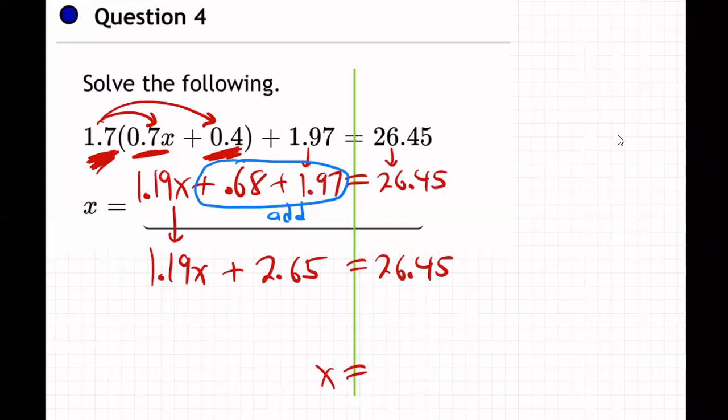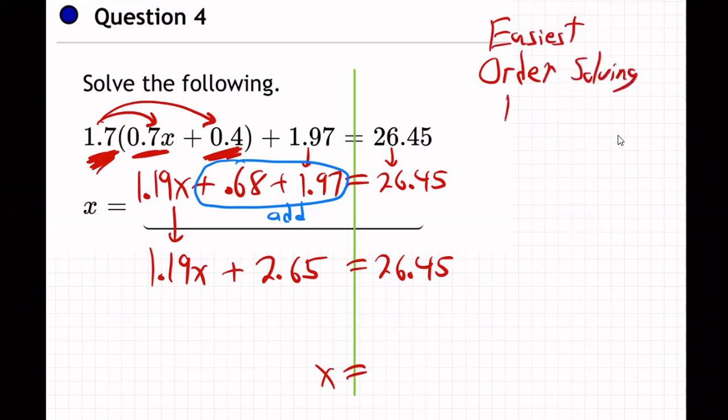In fact, now would be a good time for me to give you the easiest order for solving equations. So this is going to be different than PEMDAS. Remember, please excuse my dear Aunt Sally, that was not for equations.